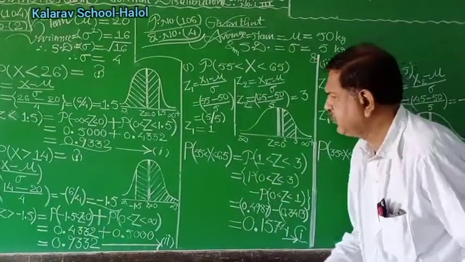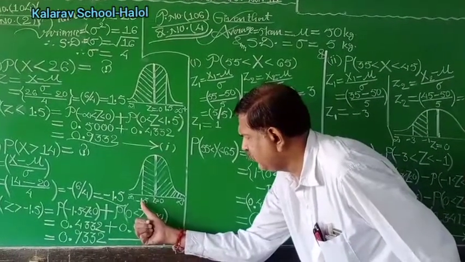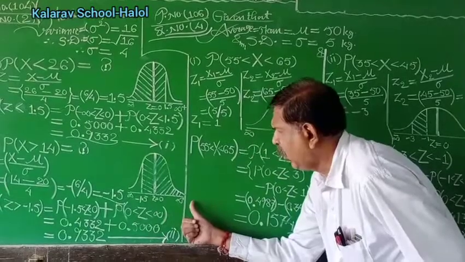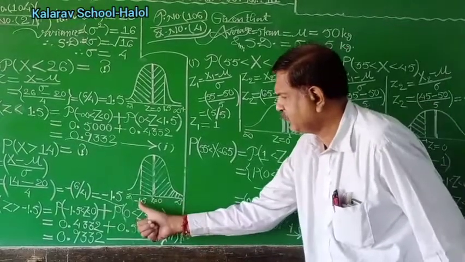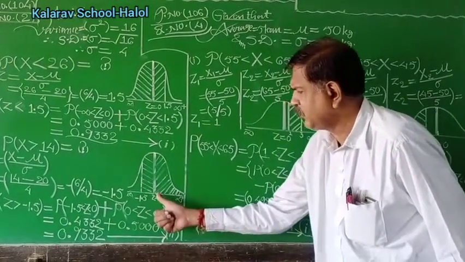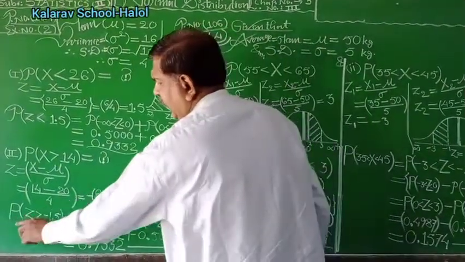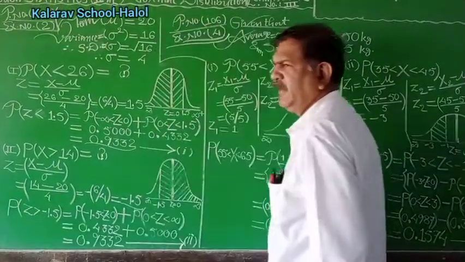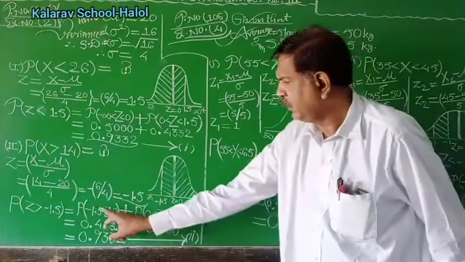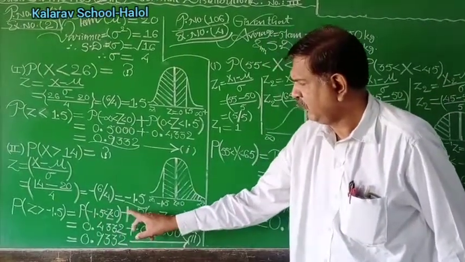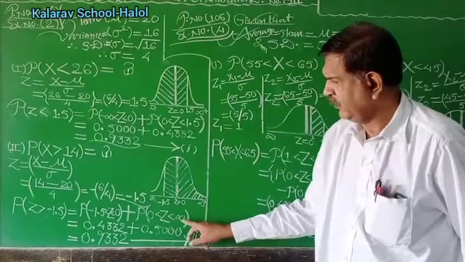Now the area right side of this value means from minus 1.5 to the right hand side, all the area, that is minus 1.5 to 0 and 0 to infinity. The probability that Z is greater than minus 1.5 means we have to add minus 1.5 to 0 plus 0 to infinity, right?